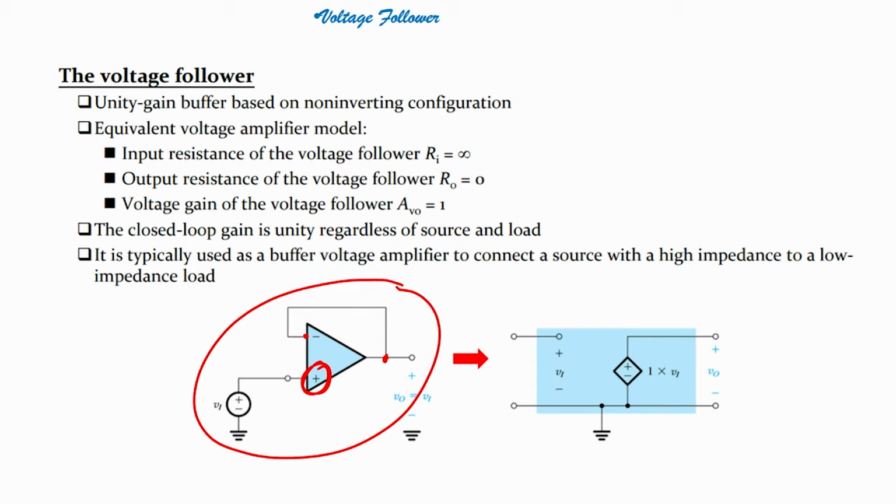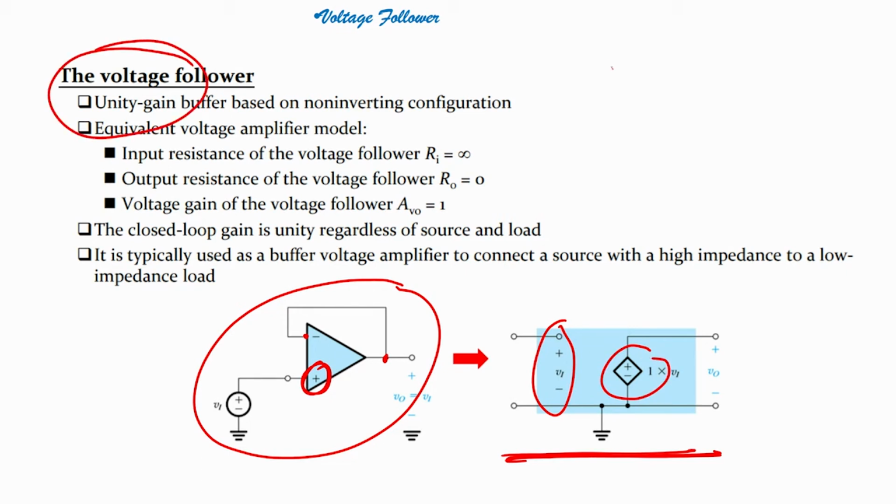If I make an equivalent voltage amplifier model, how can I use it? The input resistance of the voltage follower is infinite, and the output resistance is 0. The voltage gain is unity, which is why it is called a unity gain amplifier.